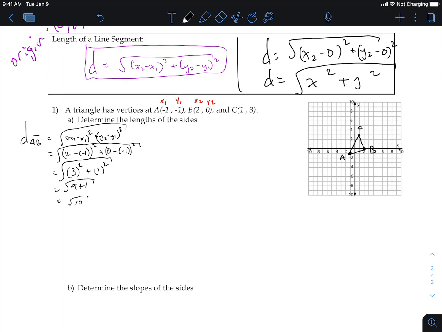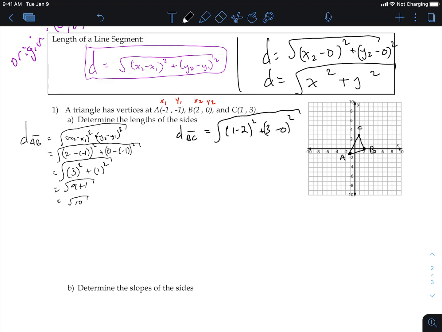Let's do the distance between B and C, okay? I'm not going to write the equation every time. I'm just going to start doing stuff. 1 minus 2. You guys can see where the numbers come from because I just want to get through this. Everybody see where those came from?